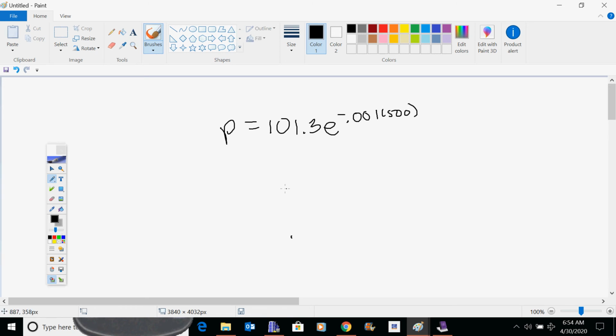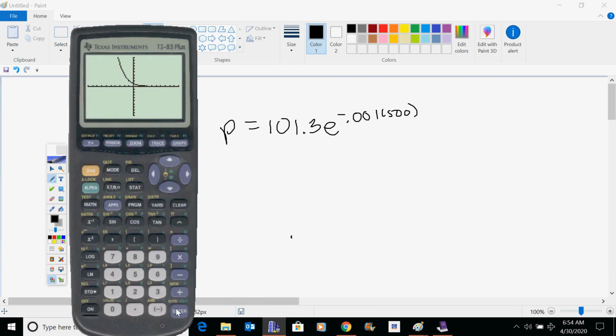Okay, so what you can do with this one, the e value is hiding in here, right here, the shift of the ln. So you can put in your 101.3 times e to the negative 0.001, we can do this all in one step, times 500.